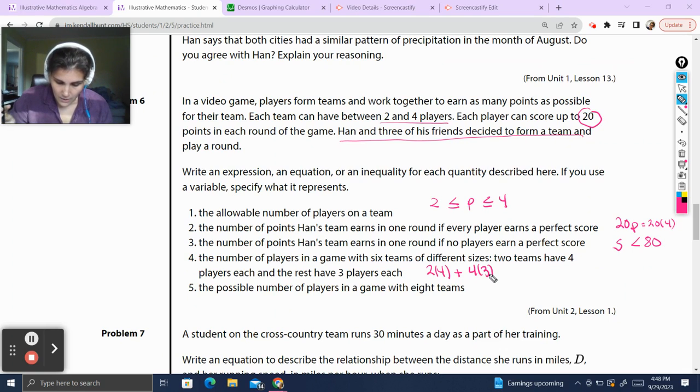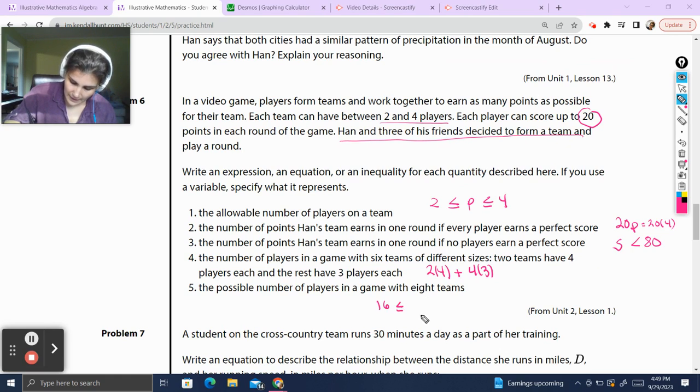Finally, the possible number of players in a game with 8 teams. If there are 8 teams, the smallest number of players is if every team has 2 players. So 8 times 2, the smallest number of players could be 16.